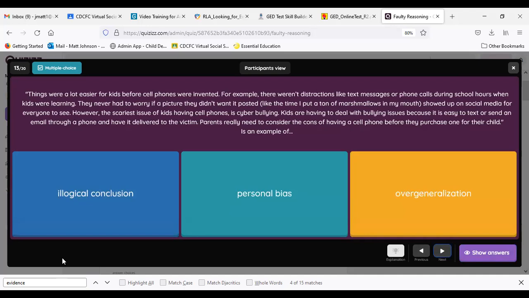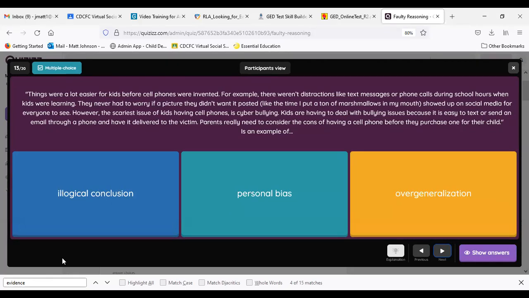Things were a lot easier for kids before cell phones were invented. For example, there weren't distractions like text messages or phone calls during school hours when kids were learning.